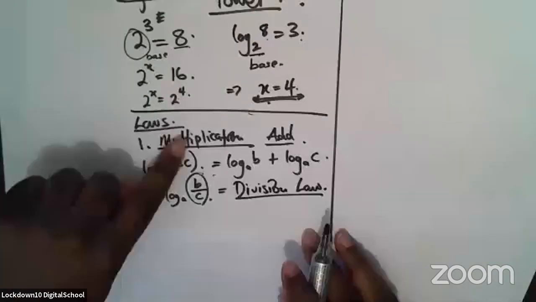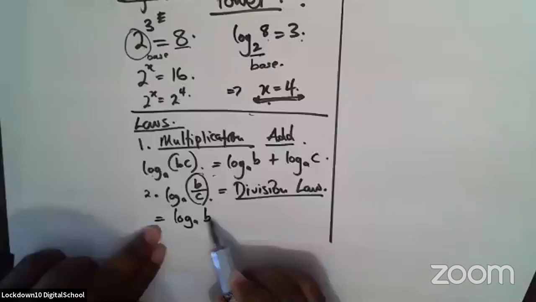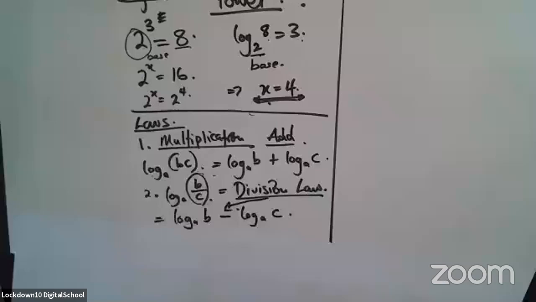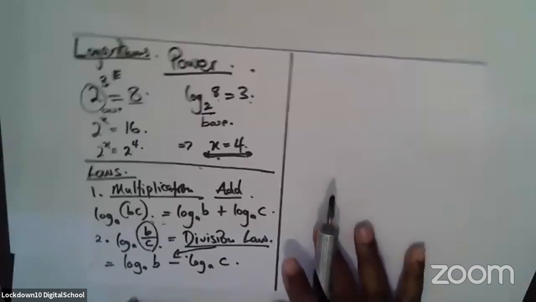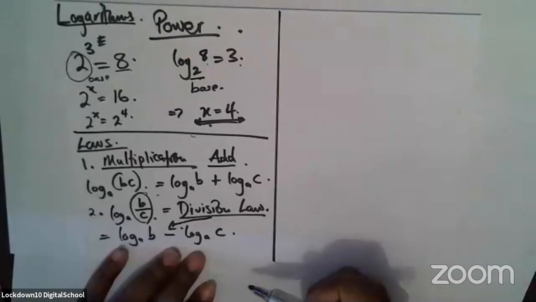This one is the division law, where log to base A of B over C is equal to log to base A of B minus log to base A of C. The division law makes us subtract. When we have a fraction, we subtract. We will give examples when we do our examples.